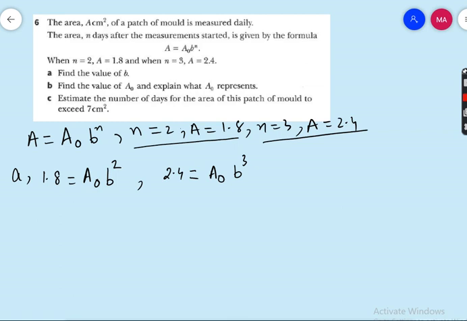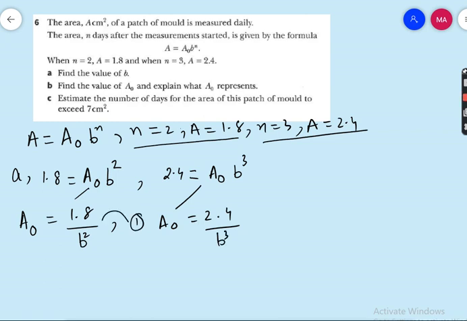So there are two equations. First, make the subject A naught. So A naught is equal to 1.8 upon b square, and similarly A naught is equal to 2.4 upon b cube. This is equation number 1, this is equation number 2.